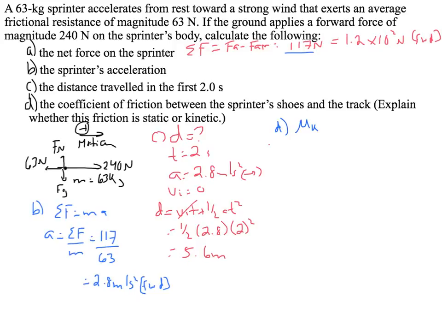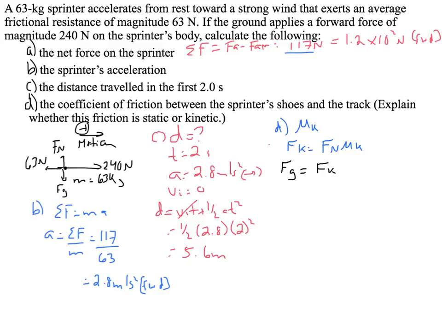So we have our Fk equals Fn times mu k. Now the force applied by the ground is the frictional force, and that's something that's very important to keep in mind. So you say force ground is equal to the frictional kinetic force.